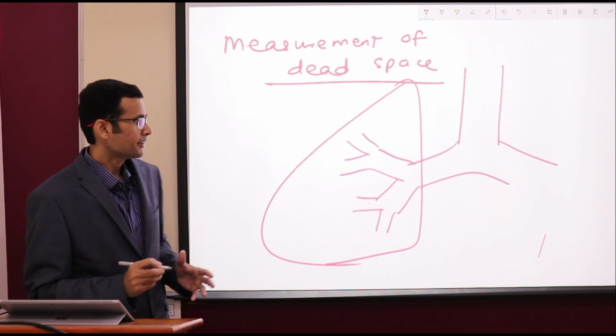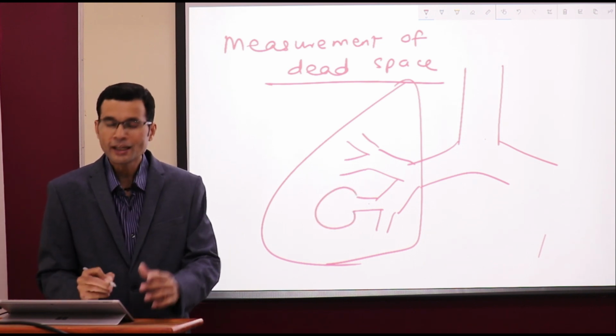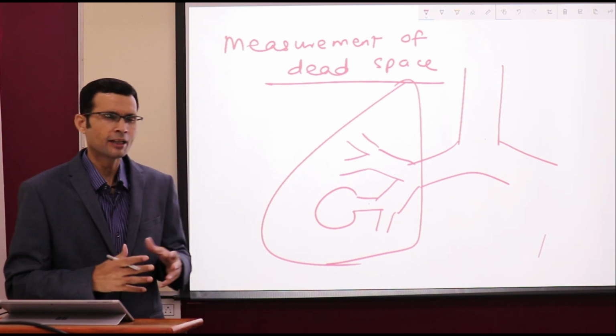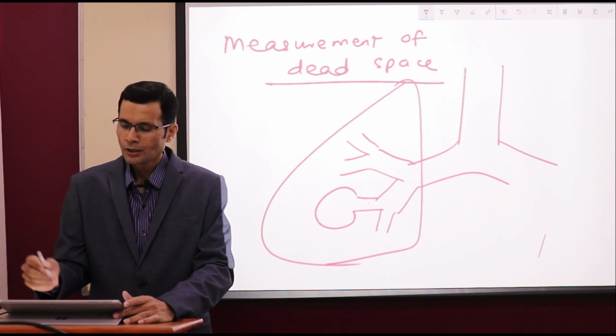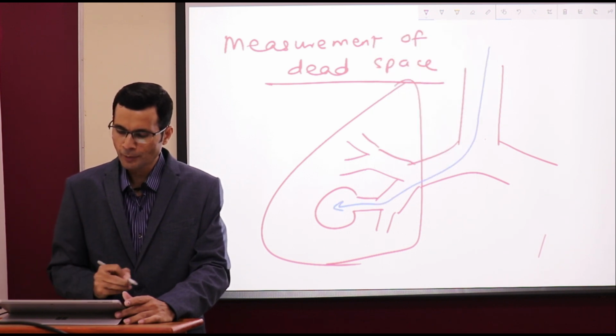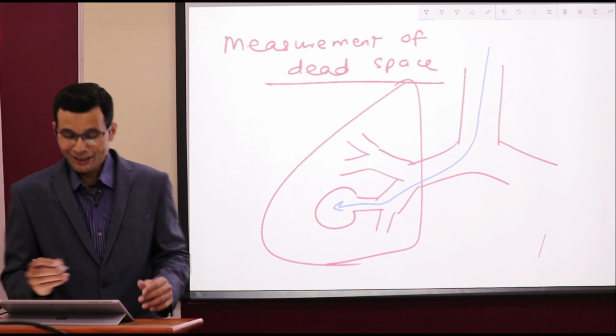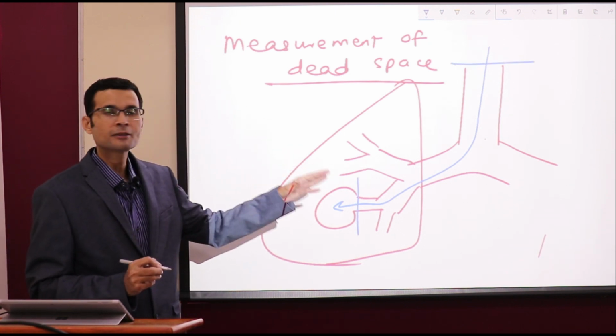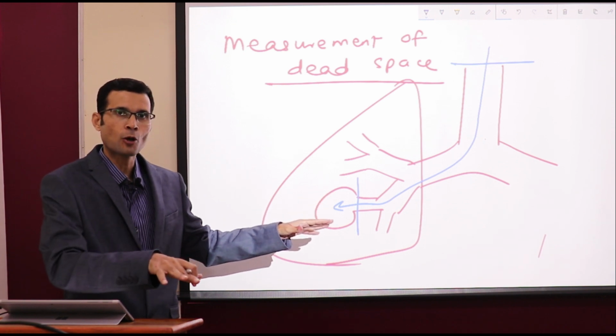And the second fact that needs to be emphasized is that we inspire, let's say, 500 ml tidal volume. First 350 ml reaches the alveoli and takes part in the gas exchange, and last 150 ml stays in the dead space, and then inspiration stops.